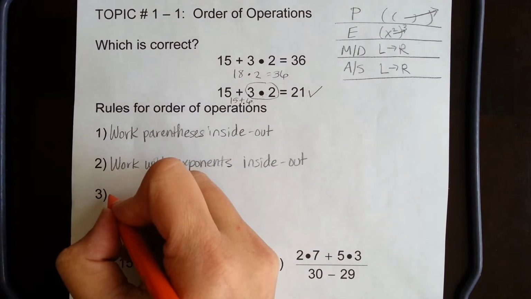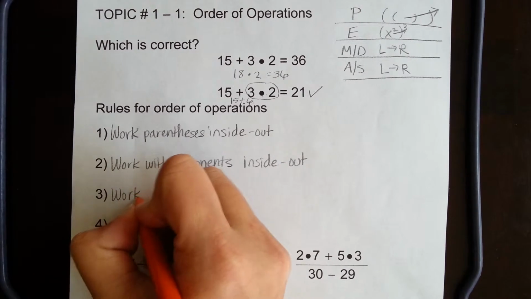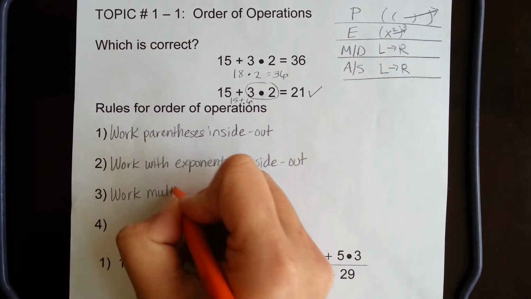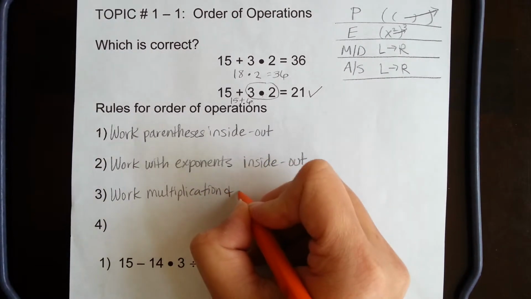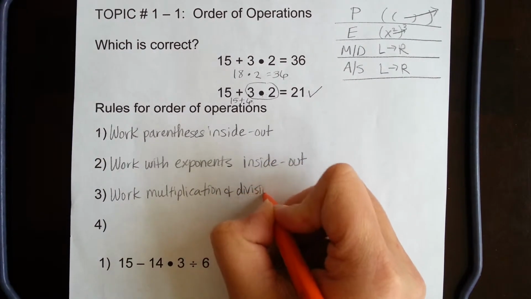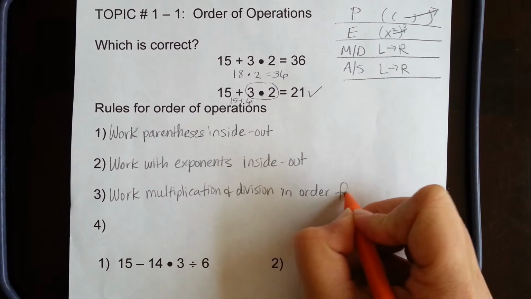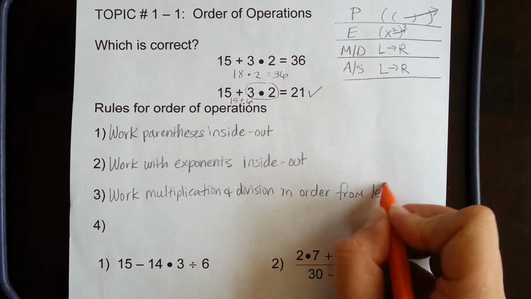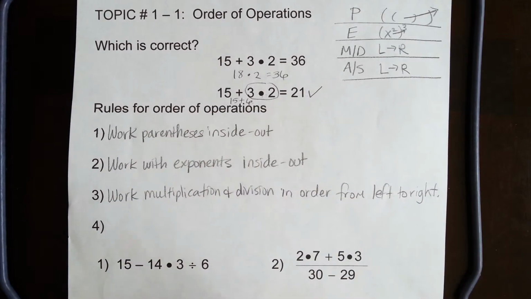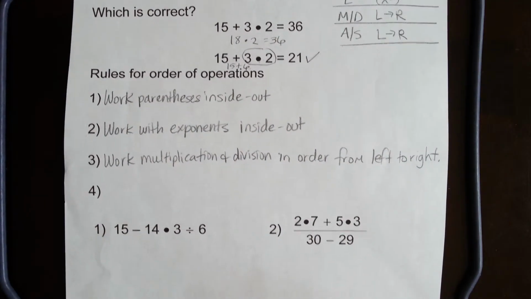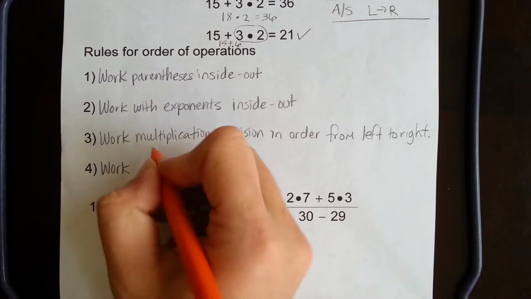Next, we would look at multiplication and division, so we would work those in order from left to right. And then step 4, we would do addition and subtraction in order from left to right.